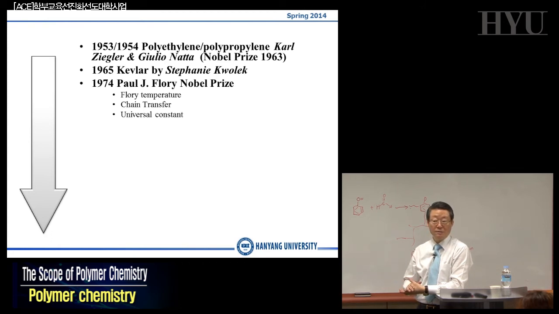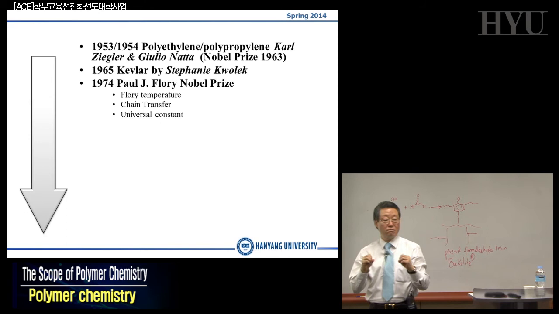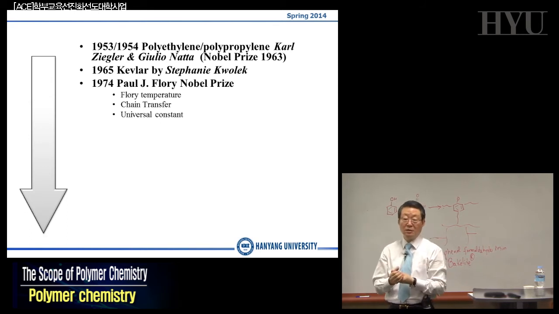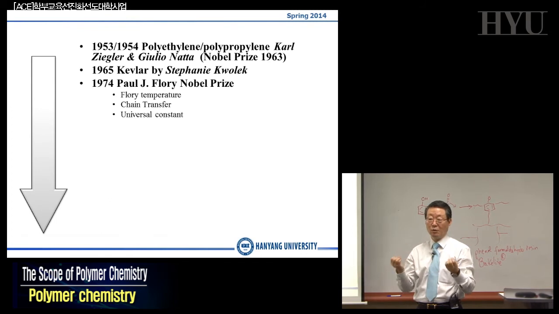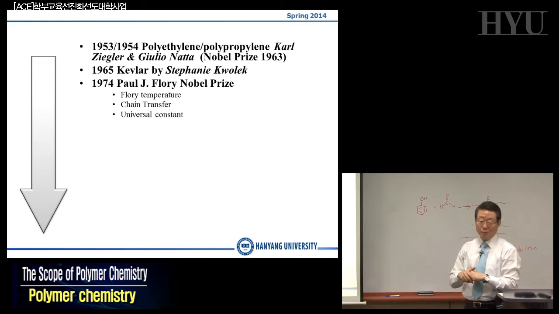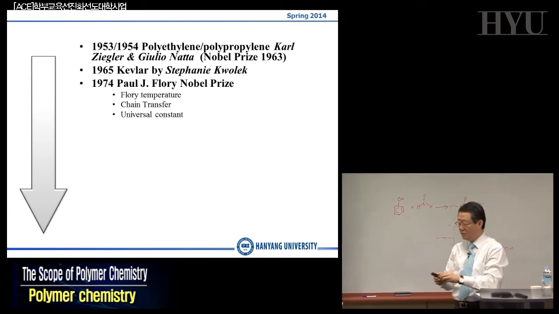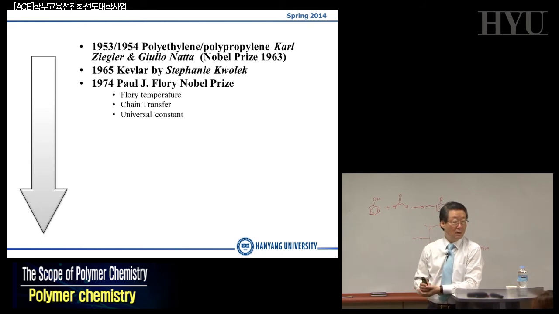At the time, in the 1950s, he was thinking about many of the theoretical aspects of polymers, including the Flory-Huggins temperature, universal constant, and others. Okay? And because of this theoretical work on polymers, he won the Nobel Prize.